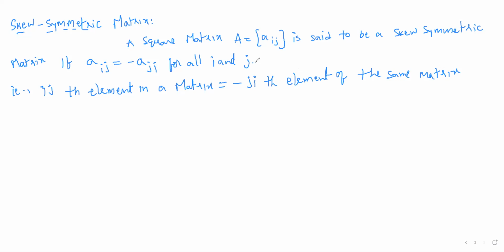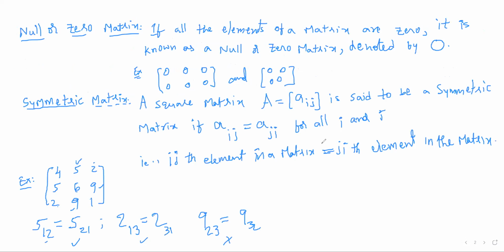Here we can write i not equal to j, that is, non-diagonal elements. Similarly, on the previous page also, for all i and j, i not equal to j, which represents non-diagonal elements.